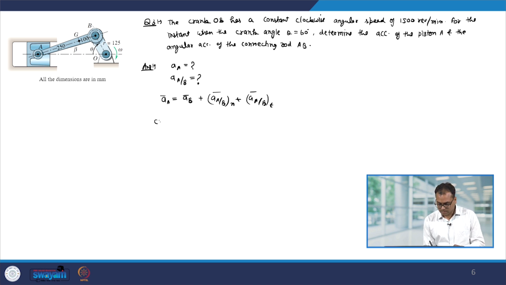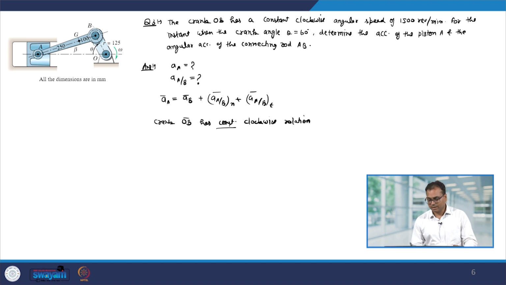Here the crank OB has a constant clockwise rotation. So, since it is constant, therefore, omega dot will be 0, and therefore, A_BT will be 0. Okay.